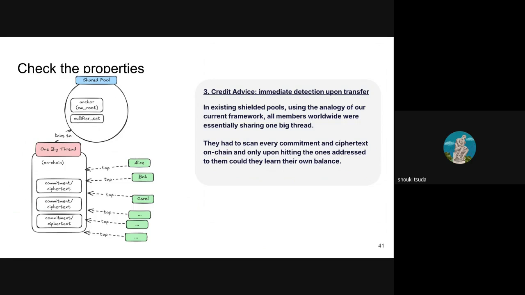In existing shielded pools, all members worldwide are essentially sharing one big thread. They had to scan every commitment and ciphertext on-chain and could only learn their balance when they found one addressed to them. To put it extremely, you'd receive all commitments worldwide on your mobile and search for yours inside your mobile device.